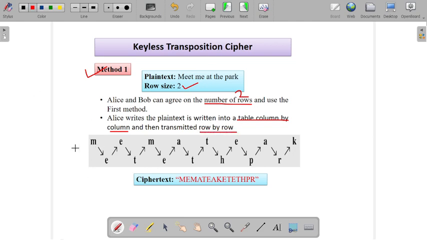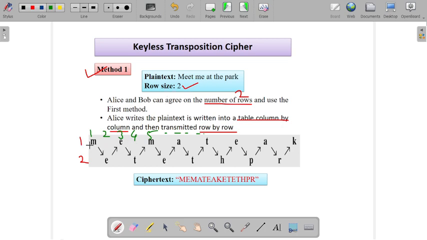First of all, this is our row number 1 and this is our row number 2. Considering columns, this is the first column, this is the second column, the third, the fourth, the fifth, and likewise. So what is our plaintext? Meet me at the park.